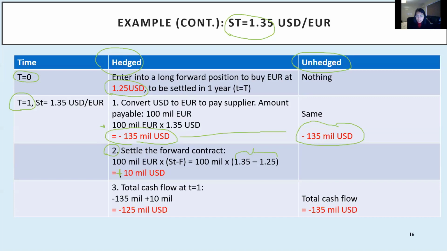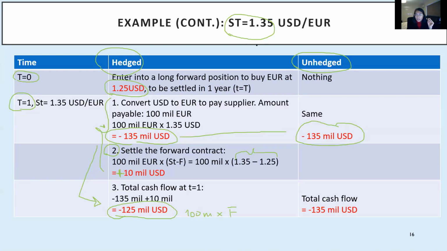So I'm going to receive 10 million USD in this case. So overall, with my hedge position, my total dollar cost in this case is 125 million, which is exactly the same as before, and exactly the same as 100 million euro times the forward rate.